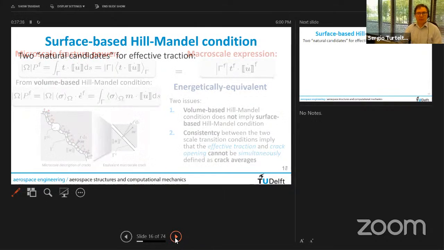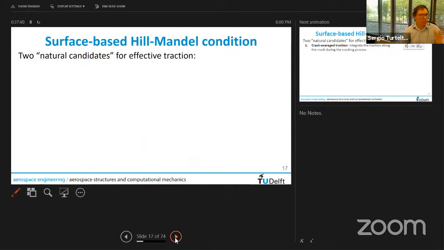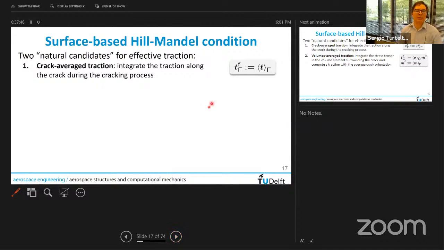So what we did was to look at the two most obvious ways to define a traction for fracture. The first one, perhaps the most obvious one, was to say, well, I could take the traction along the crack and take an average of that. It's a surface integral of the traction and define an effective traction as being the crack average traction. The other possibility is to say, well, to get a traction, I need two things.